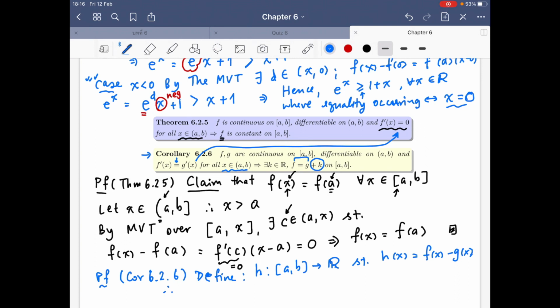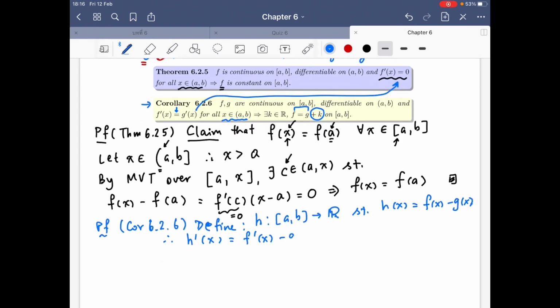So it means that your h is continuous, your h prime exists over the open interval, and h prime of x, which is f prime minus g prime, is 0 for all x inside this open interval from a to b, because they are equal. So by theorem 6.2.5, we know that h equals a constant. Let's say it is a constant k.